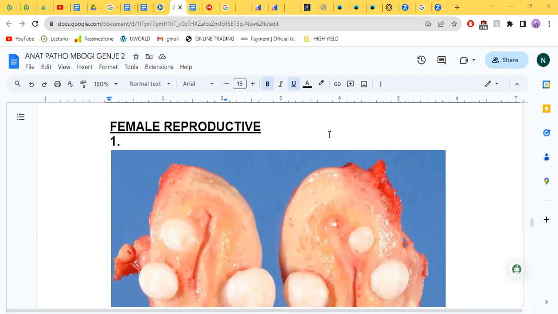Okay. So when you're asked to describe the gross morphological features, what are some of the responses we could give? Let's try to make it a lively session by giving our answers in the chat box. So what are some of the gross morphological features that can be seen?